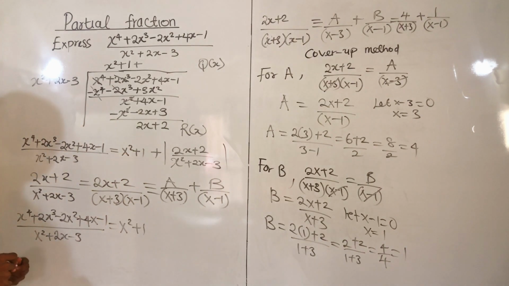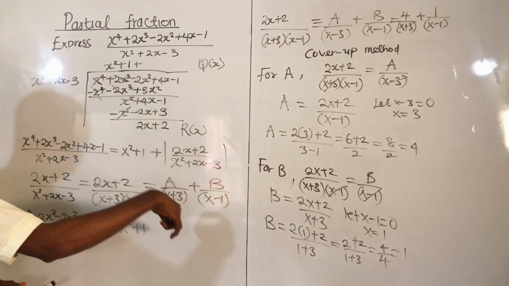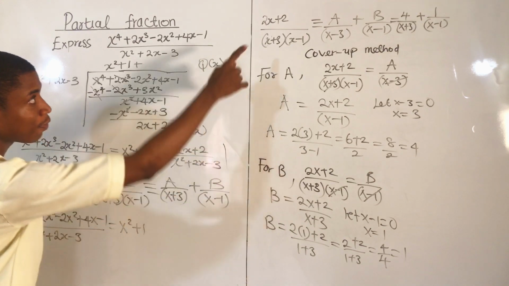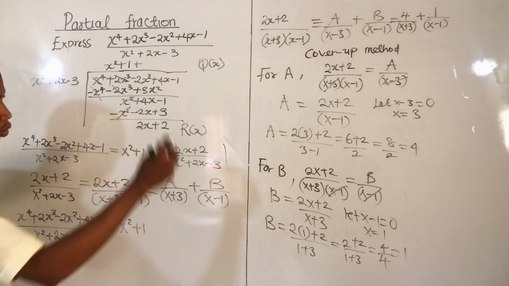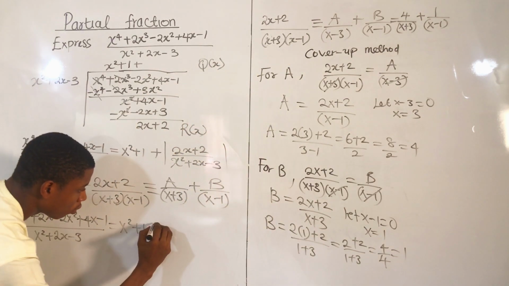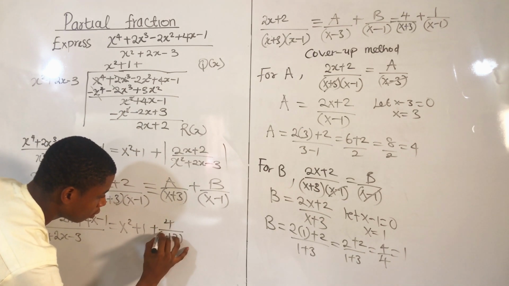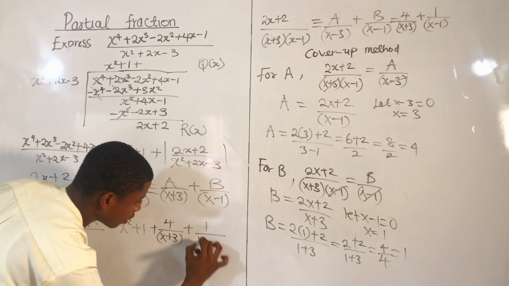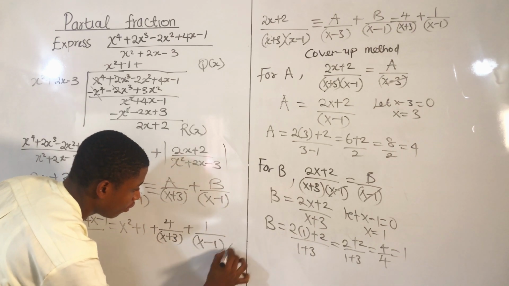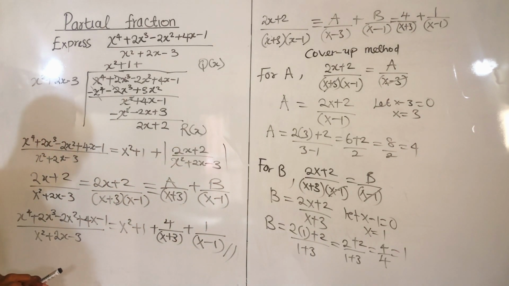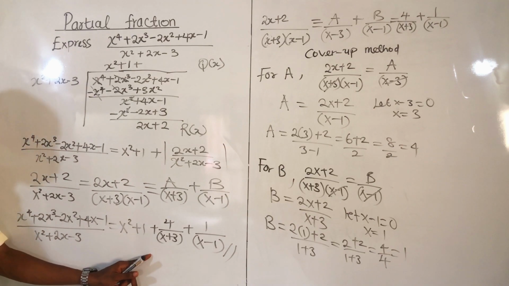Then we worked on this, right? This is what we worked on, and we have that what we have there on the board. So everything there is plus 4 over x plus 3 plus 1 over x negative 1. So therefore, this is the final answer, resolving this into partial fractions.